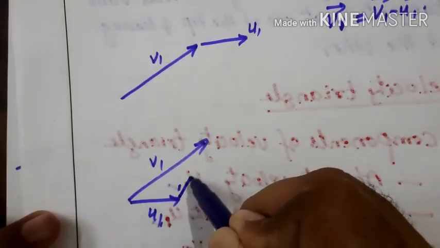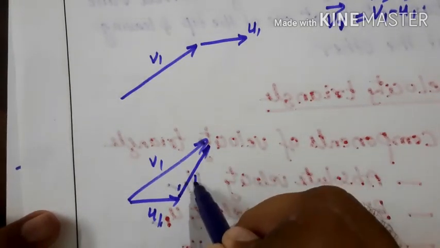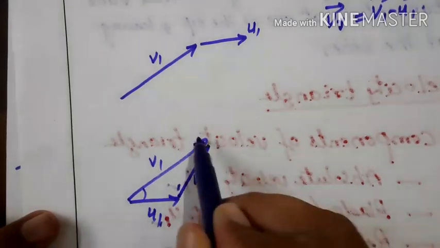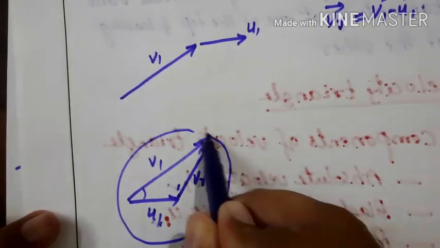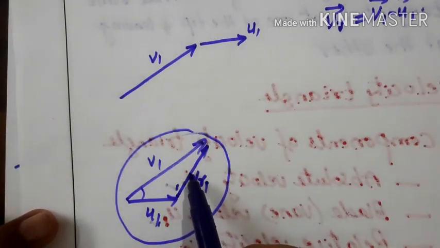This will be, this represents VR, the relative velocity. So this is what we call a velocity triangle. This is the resultant.